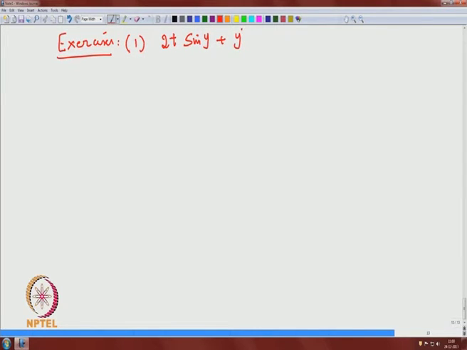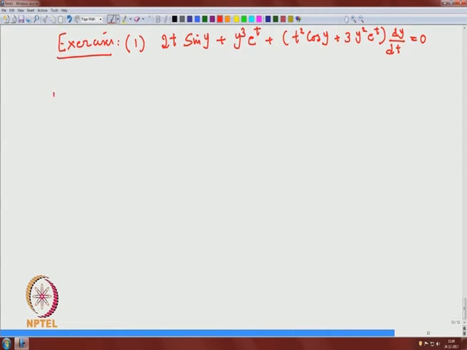I am not even stating the complete problem, I will write only the equation; these are all cooked up: cos y plus 3y squared e power t dy by dt equal to 0. So this equation can be solved. I want you to solve this equation. You can see that this equation is exact.